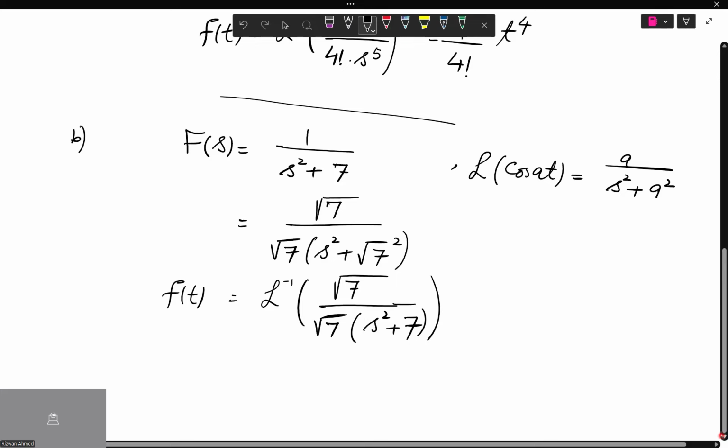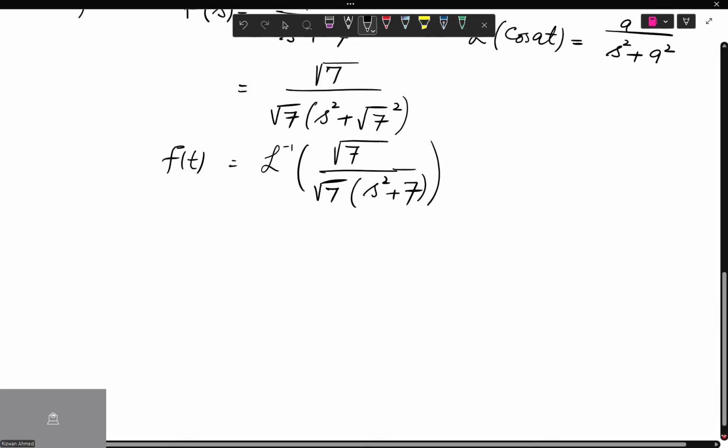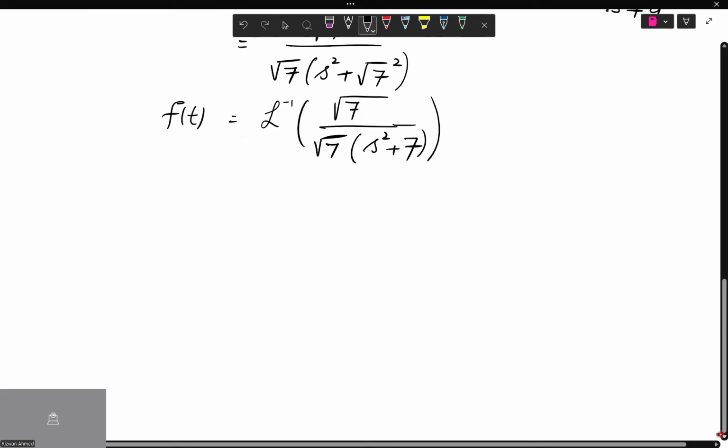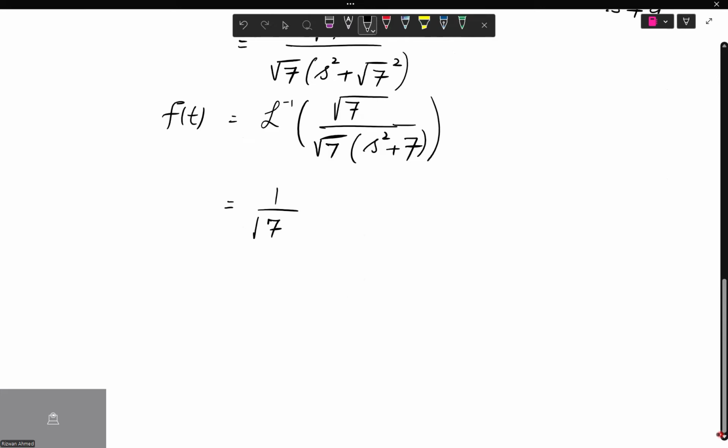By comparing the structure with the forward Laplace calculation, we can have this as the cos of square root of 7 times t.